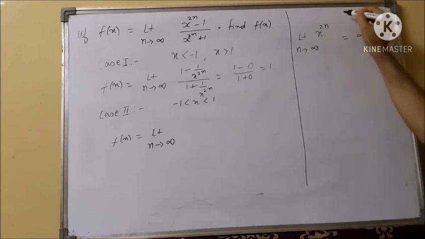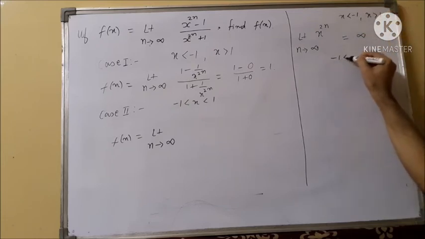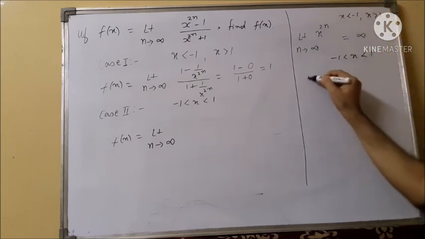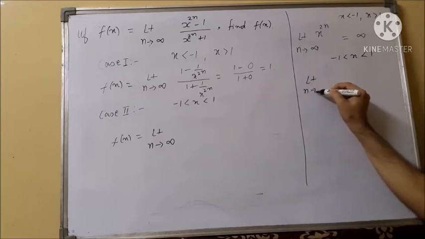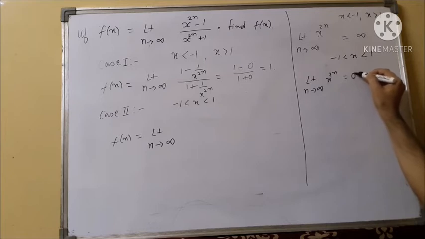In the previous case x was either less than -1 or more than 1. In this case x is lying in between -1 and 1. So limit n approaching infinity, x raised to the power 2n will approach 0.